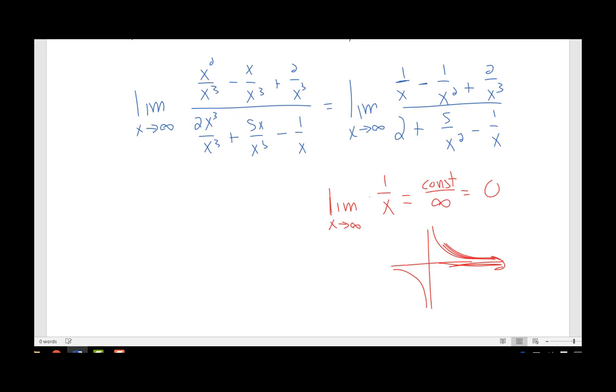So we had the conceptual idea in a prior section that when we have something constant over infinity, that goes to 0. The reason this algebraic trick works up here is that here's 1 over infinity, here's 1 over infinity, here's 2 over infinity. All of those things are going to go to 0. The limit of 2 is just 2, and then 5 over infinity and 1 over infinity.